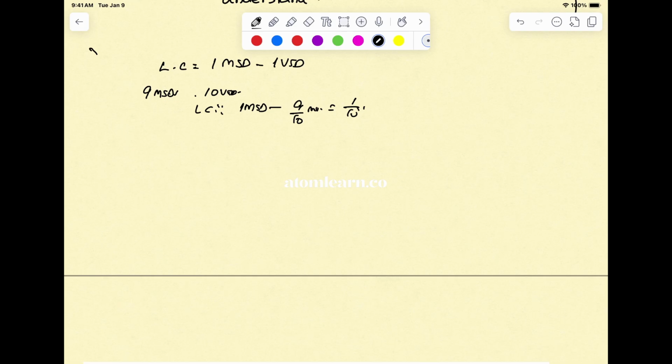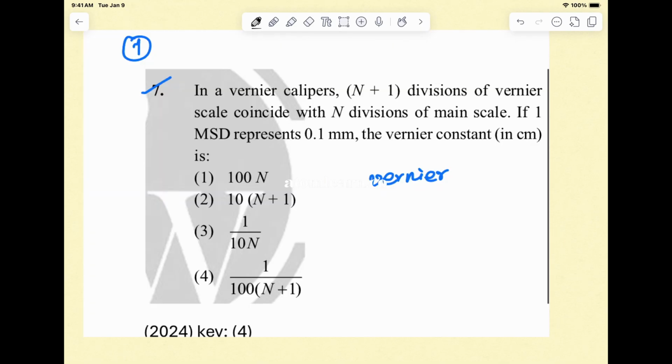Now this formula you know, right? Let's now try this particular question. In a vernier calipers, n plus 1 divisions of the vernier scale coincide with n divisions of the main scale. Then what is the least count?